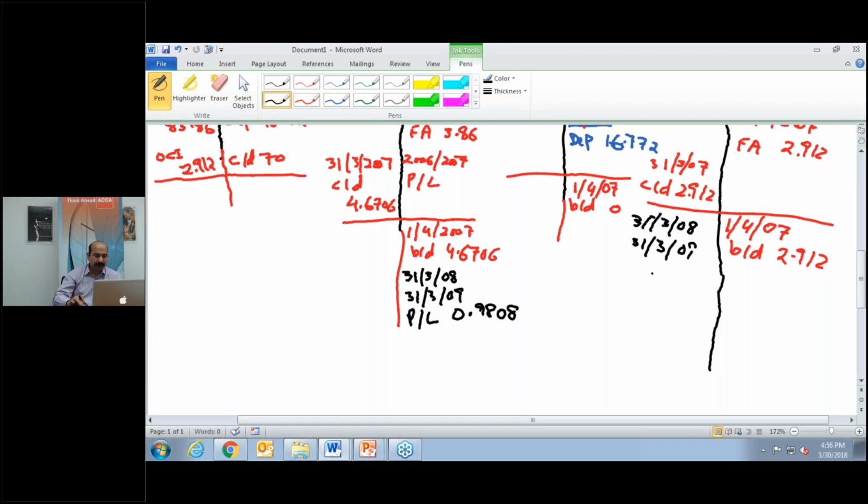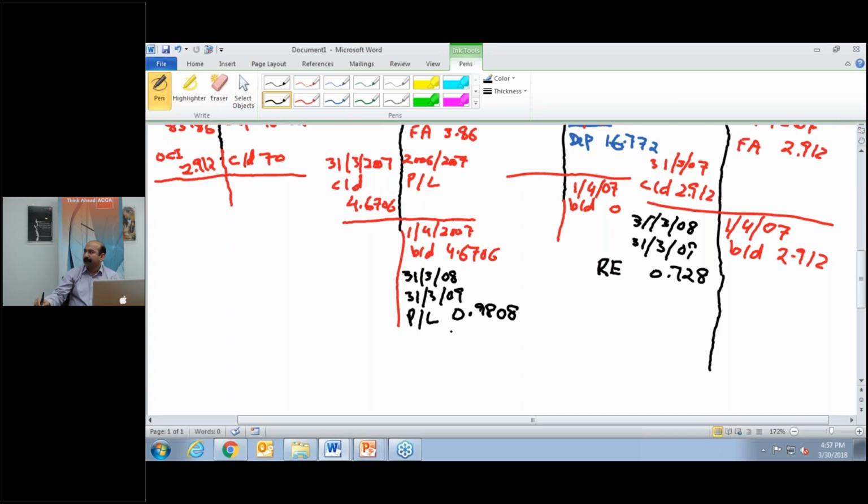How much? Because on 1st April 2007, 8 years is the remaining life of this asset. So 2.912 divided by 8 gives us 0.364, and for 2 years this gives us 0.728. This will go to the retained earnings.